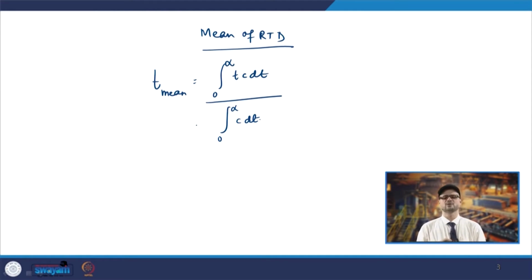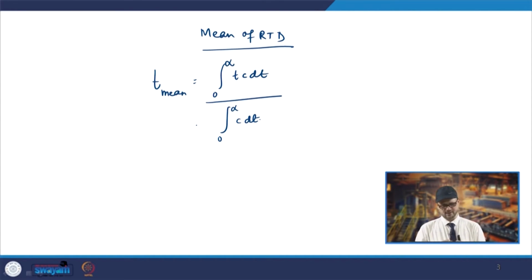If you analyze it dimension-wise, it will be in terms of time. This time is known as T mean, the mean residence time.